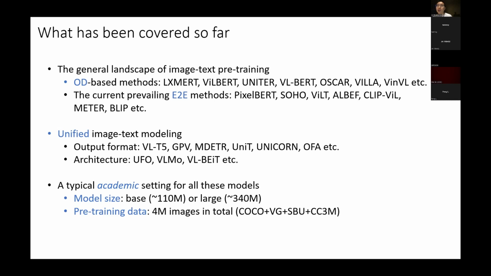And usually, in order to have a fair comparison, a widely accepted setting is we are going to pre-train such a model on 4 million images in total. And this will consist of images from COCO, Visual Genome, SBU Captions, and Conceptual Captions, 3 million.